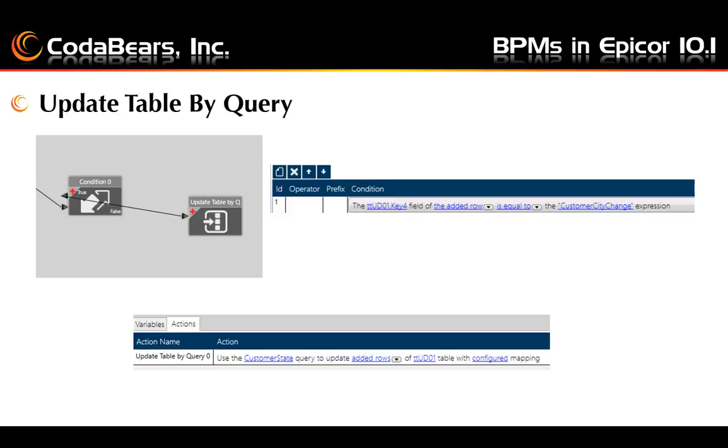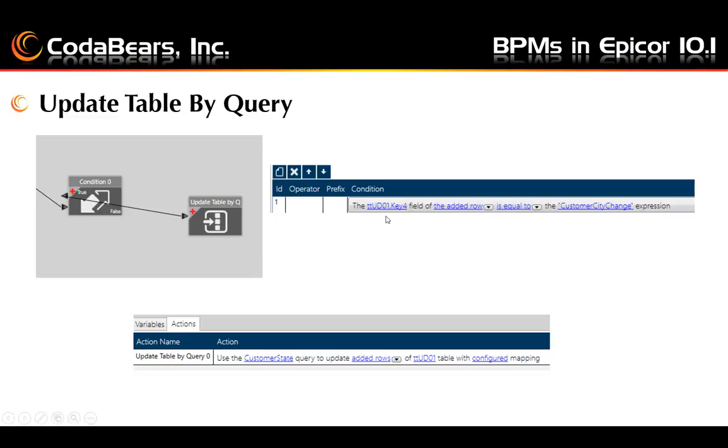The second example is to use the update table by query. So to use the update table by query design element, you'll need to use a condition and an update table by query design element. Again, if you've worked with BPMs in the past, you're probably familiar with the condition.